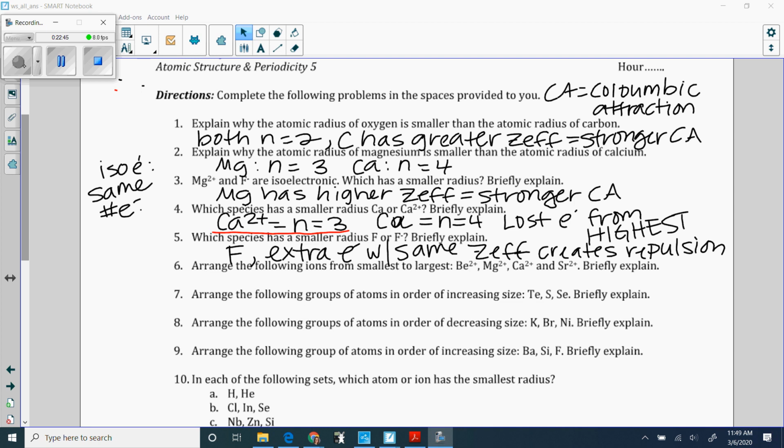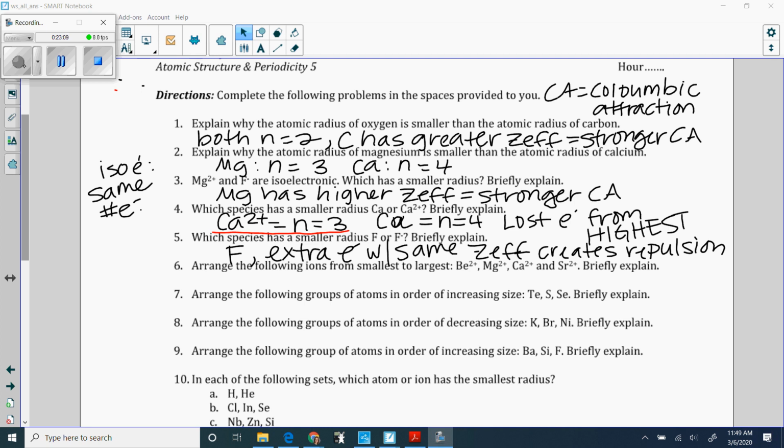If it was Ca 1 plus, that would be the same. You're not going to have to break that tie, but electrons are not Coulombic attraction. So it would be the same.